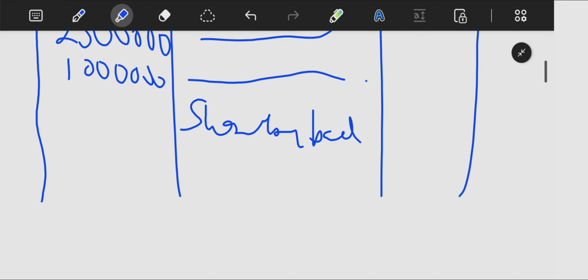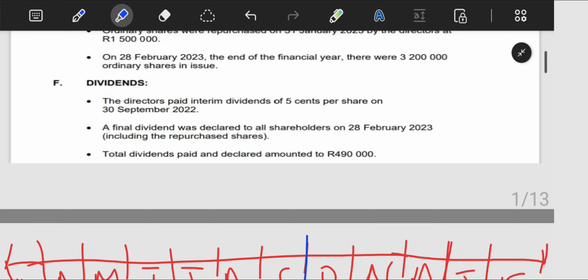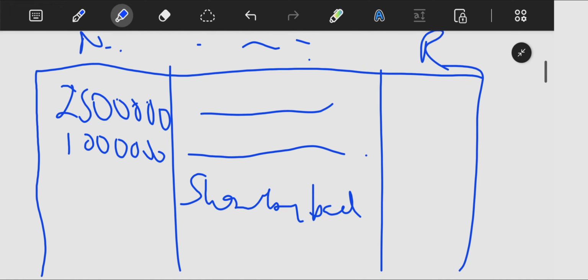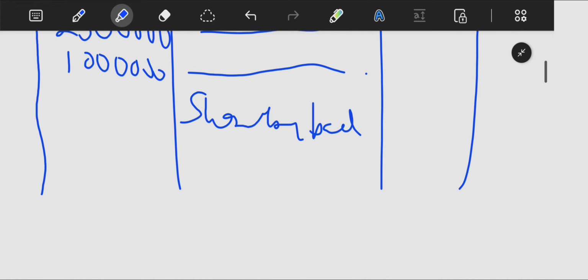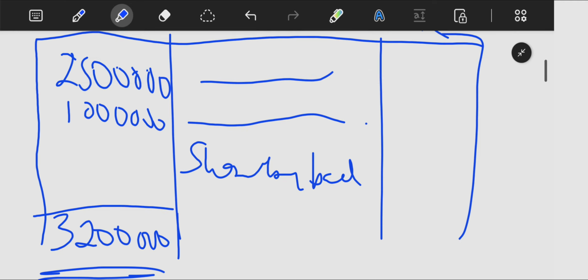Right. Now, we have been told that at the end of the year, we had 3,200,000 at the end of the year. So, to get this 3,200,000, if you need to get your share buyback, you can get it, but I'm not interested in it. Why am I not interested in it?